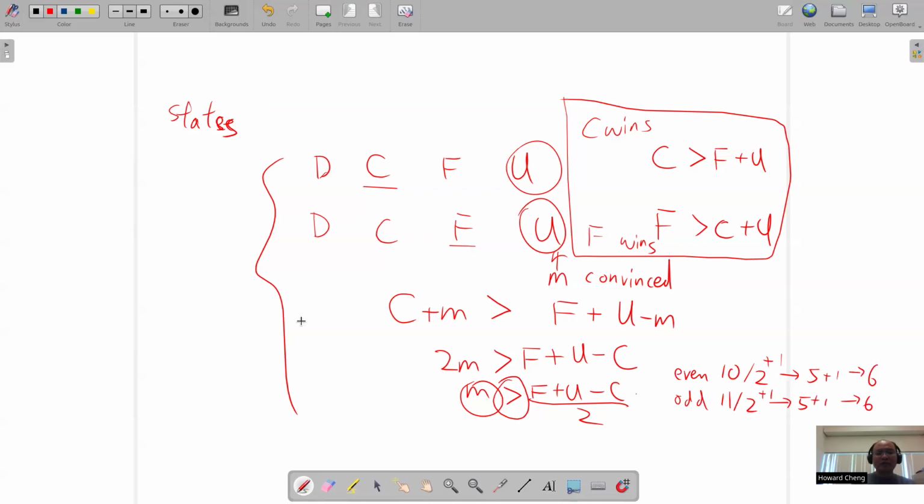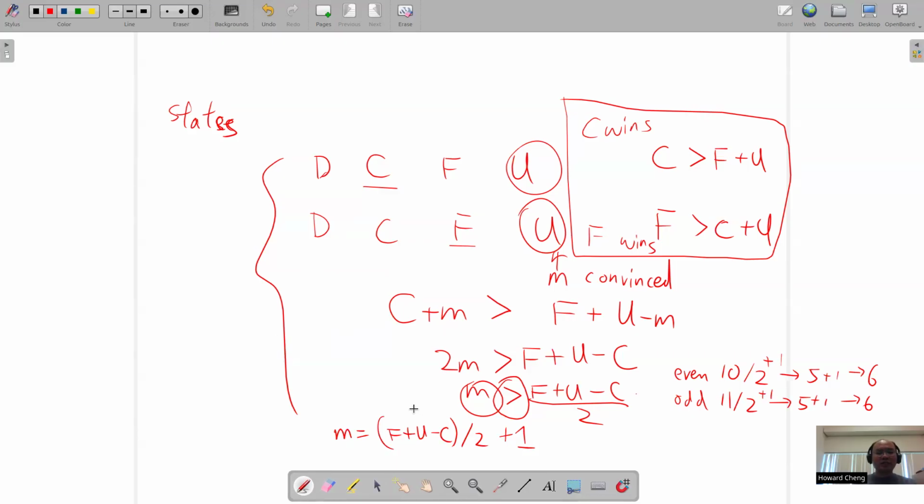So for each state, assuming that you are not in one of those situations, the number of people that you have to convince is (F plus U minus C) divided by 2, plus 1. Okay?